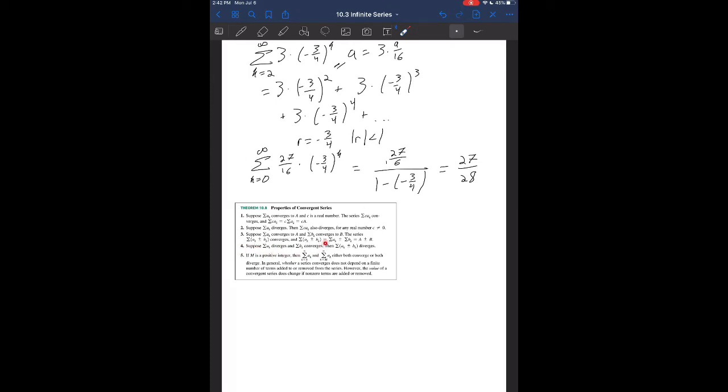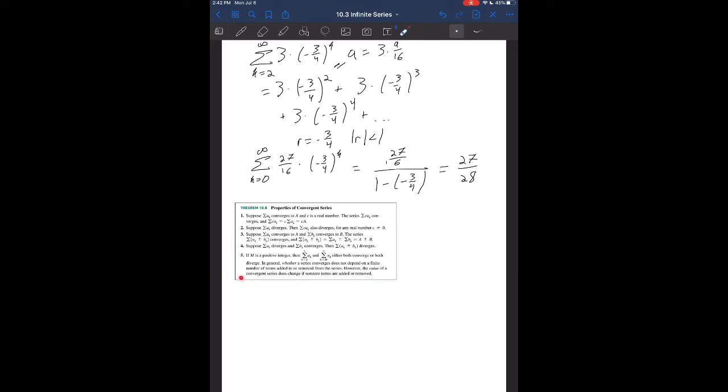The fourth rule says it only takes one of the two sequences added together in order for the entire sequence to diverge. So if one diverges, that means adding anything that converges to it will keep it diverging. Note that we don't have a rule for where the two sequences diverge, and that's because there isn't one. Sometimes if you add two divergent sequences together, it will still diverge, and sometimes it will converge.